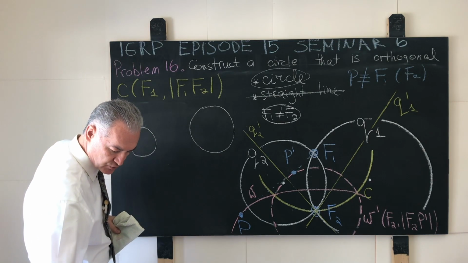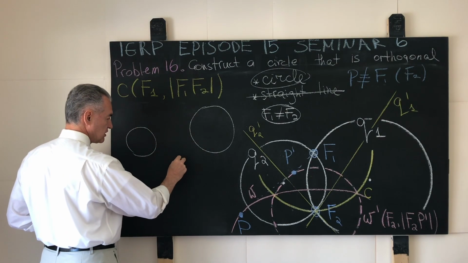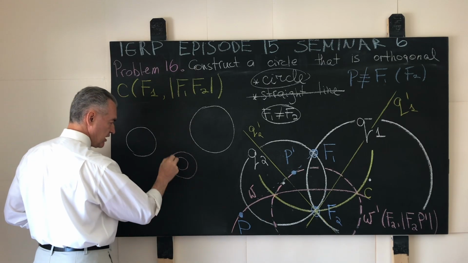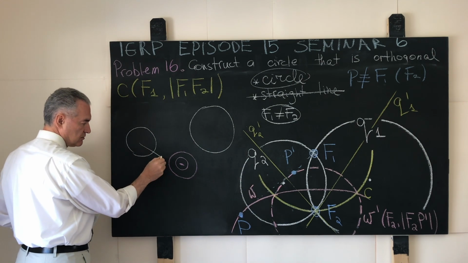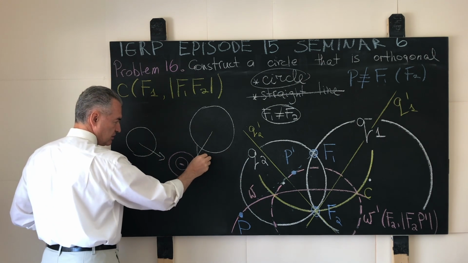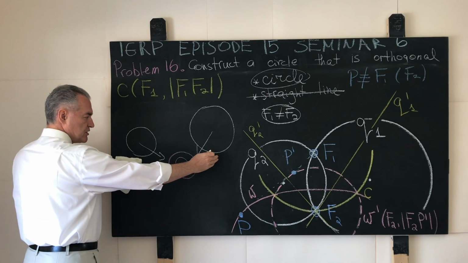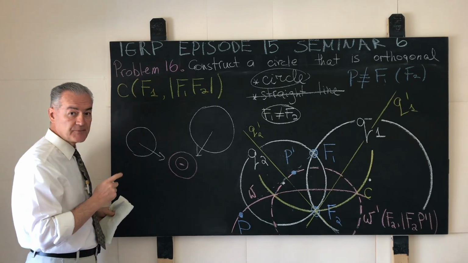So we are looking for a way to generate from these two circles two circles that have one center. The inversive magic that you're expected to generate should take two such circles that are not concentric into circles that are concentric.